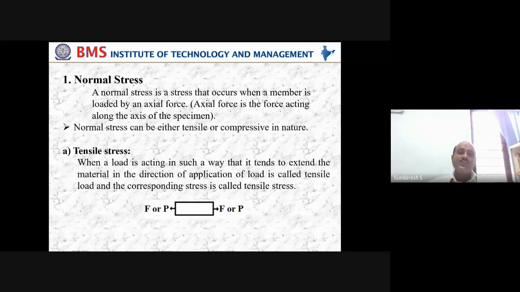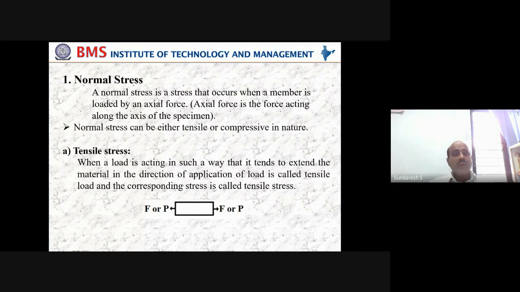When the length increases, you have to remember that it is accompanied by a decrease in the lateral dimensions. If you take a simple example, a circular rod subjected to a tensile load, generally we understand it undergoes an increase in length. But in order to keep the volume constant, the increase in length needs to be compensated with a decrease in some other dimension.